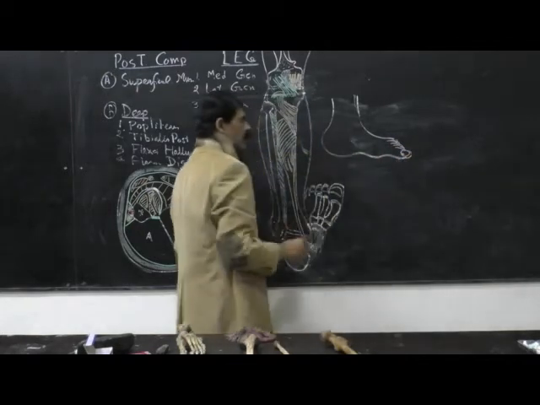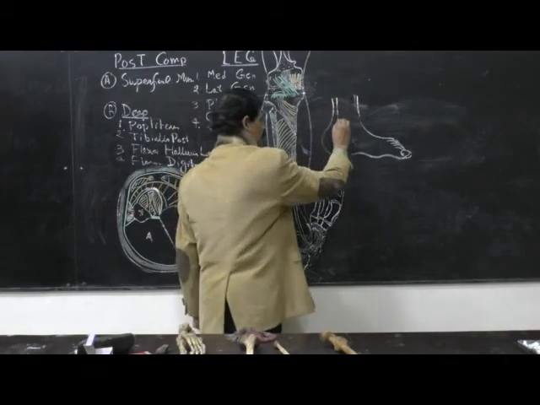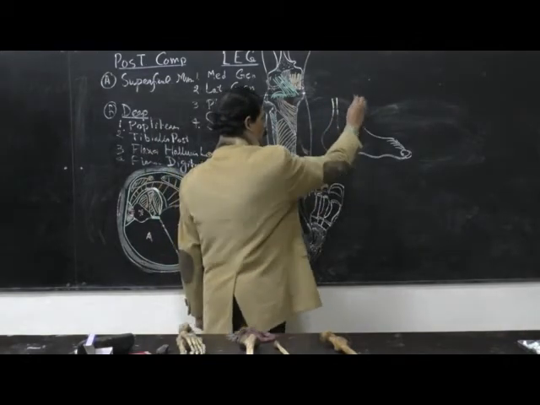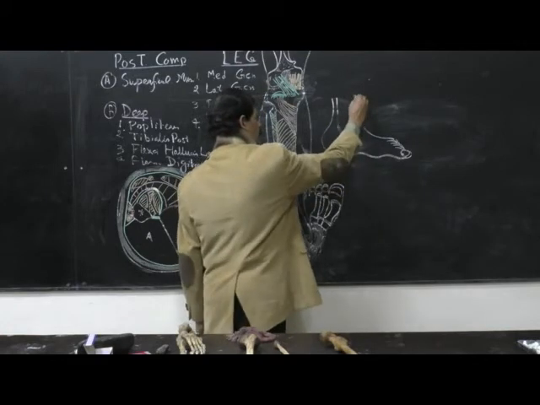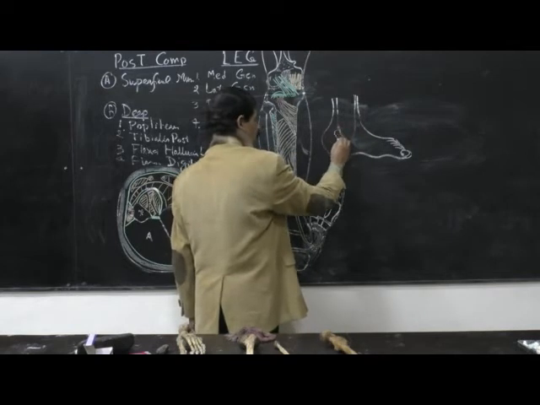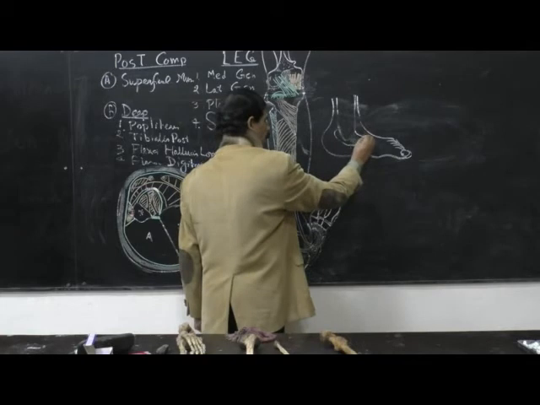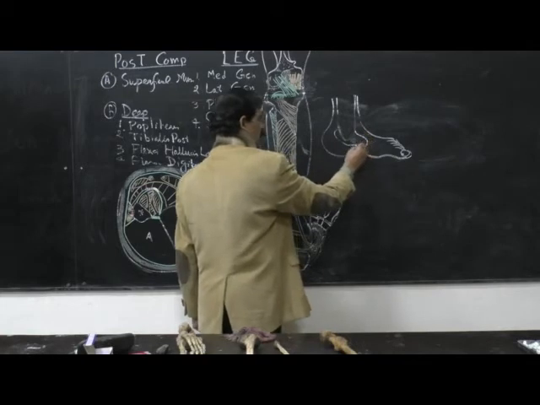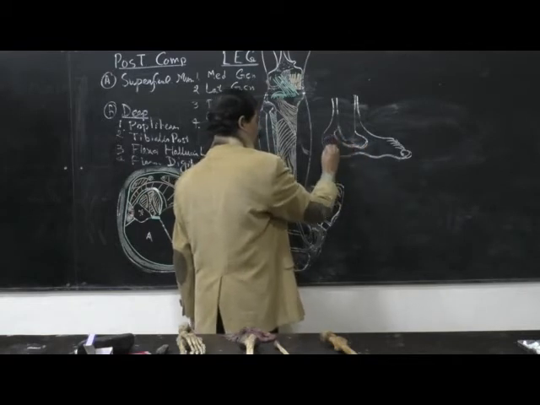So this is the medial aspect of the foot. On the medial aspect, we can see the medial surface of the shaft of the tibia, and the lower expanded part is called the medial malleolus. The medial malleolus articulates with the talus. The anterior part of the talus from the body comes the head of the talus, and this talus is resting on the bone of the heel, that is the calcaneum.